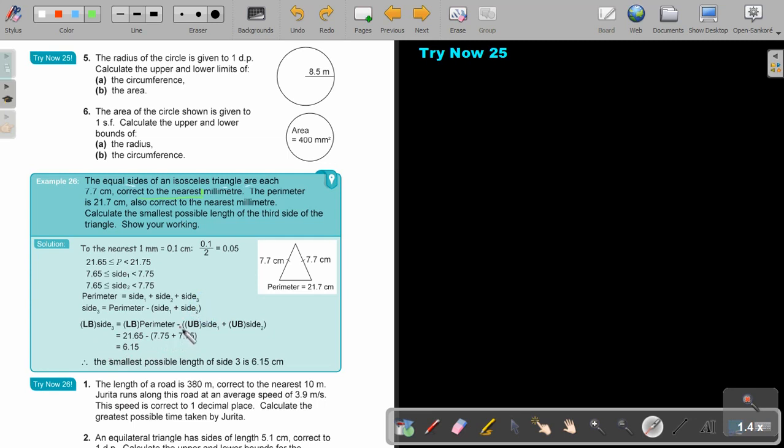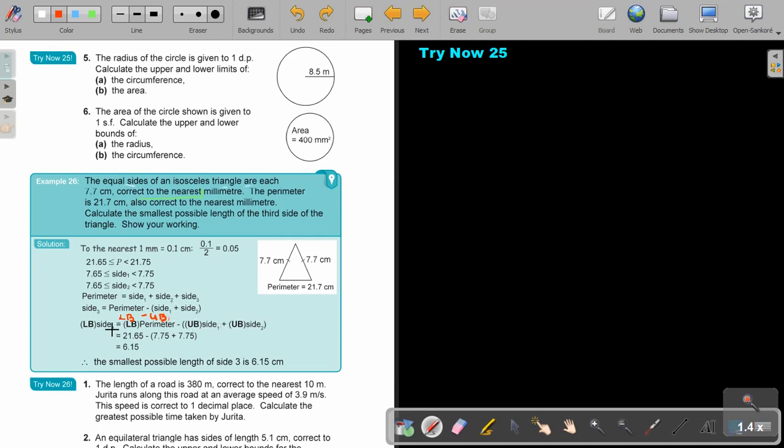But now don't forget, if I put it in brackets, it's an addition. That's what I did there. For subtraction, it will be lower minus upper. But because inside of this bracket is addition, the addition is upper plus upper.